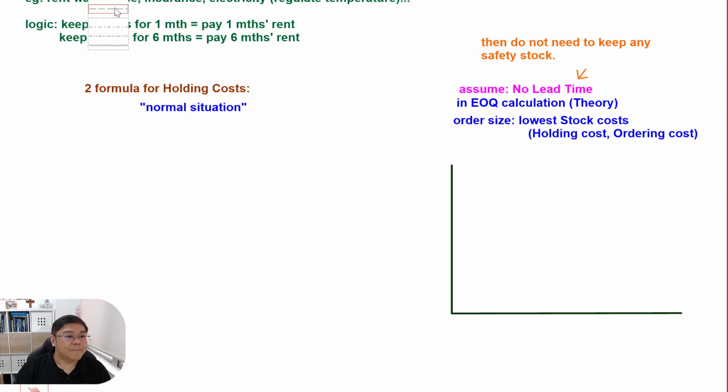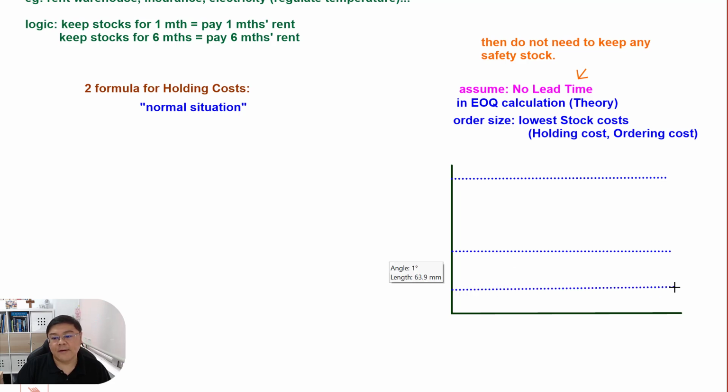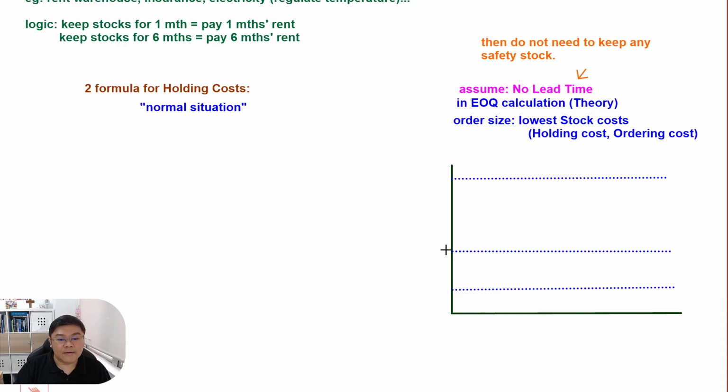The crow is making a lot of noise, can you hear? Okay, now this is what we would usually do. So we have stock control levels. This is a basic way of how we can look at it. This level is what we call the reorder level, the level at which you call the supplier to place an order.